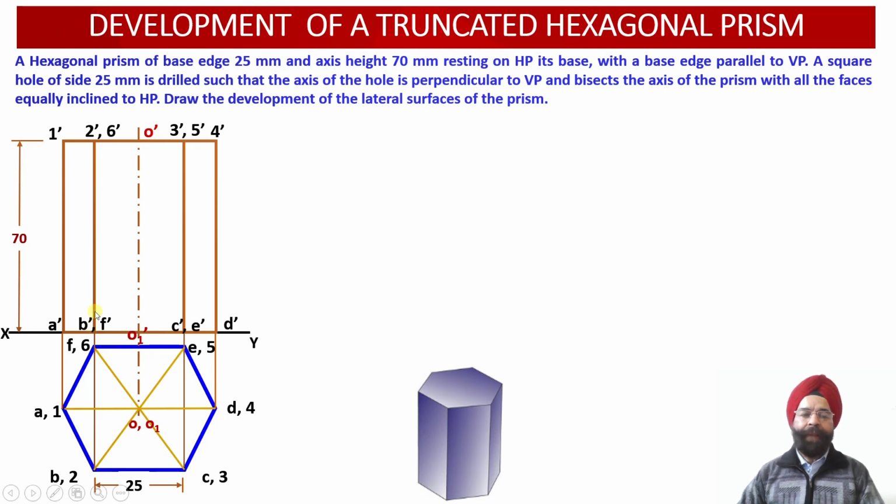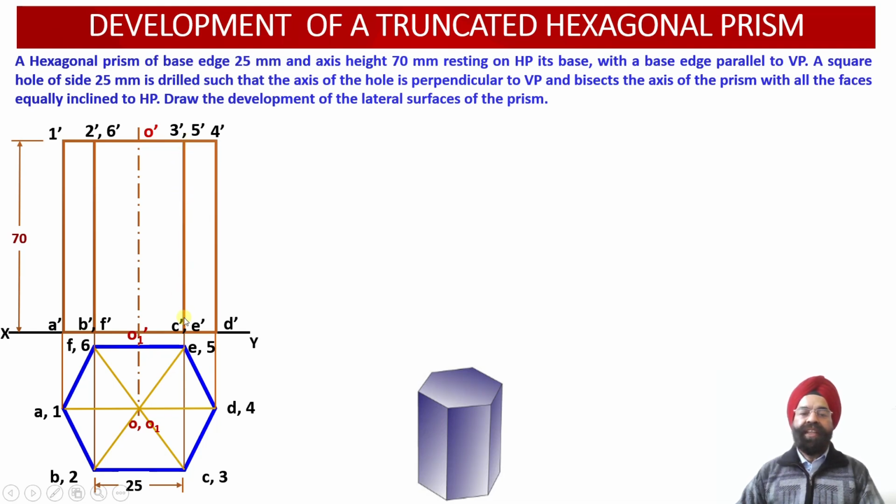So that is why the object line projections corresponding to 2 dash B dash have superimposed or overlapped upon the dotted line or hidden line projections corresponding to the vertical edge 6 dash F dash in the front view. Similarly, we have the object line projections corresponding to the vertical edge 3C in the elevation view, 3 dash C dash.